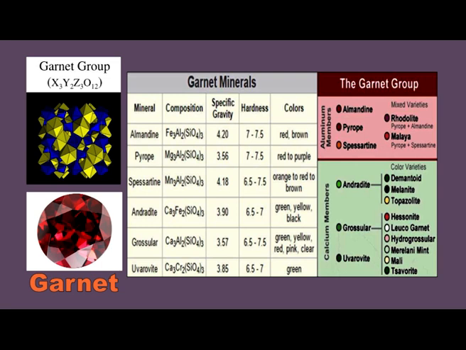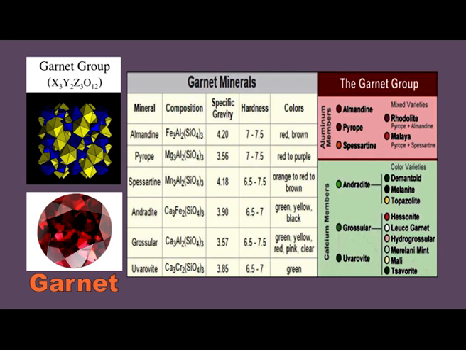The difference in ionic size between calcium on one hand and Fe2+ and Mg on the other results in limited substitution, and a wide composition gap exists between grossular, andradite on one hand and almandine, pyrope and spessartine on the other.